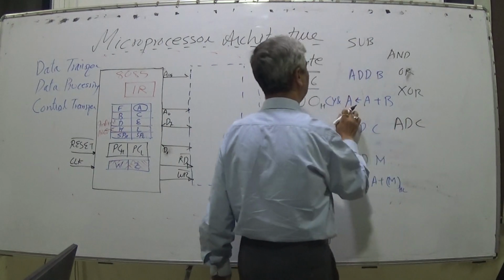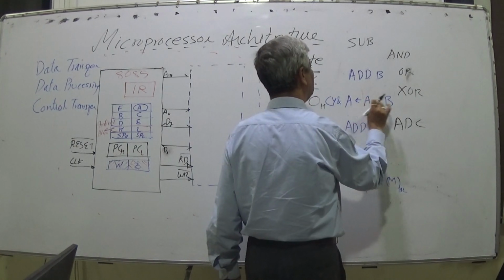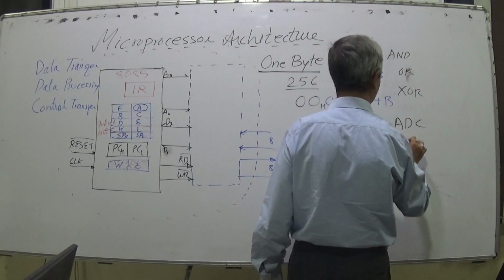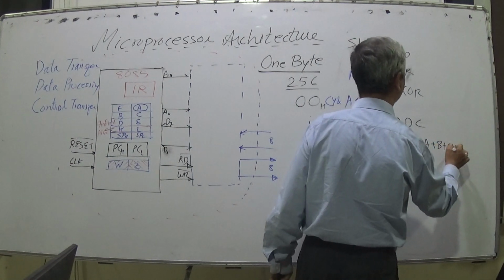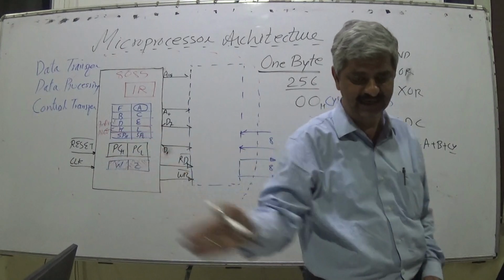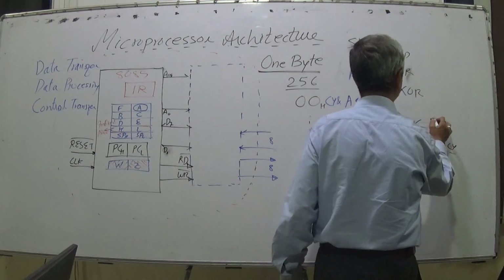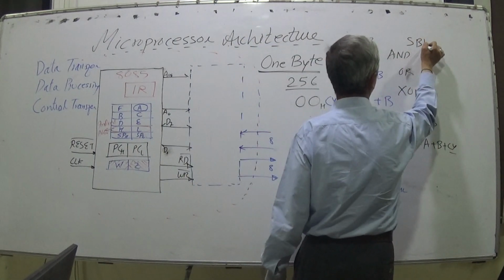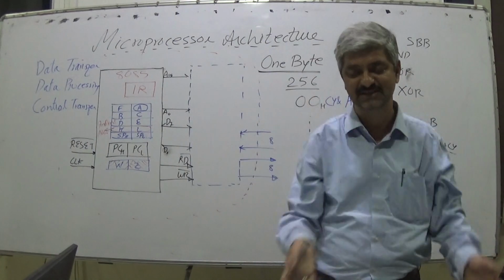In simple add, only A and B are added and the carry flag reflects the addition, whereas in add with carry, A gets assigned A plus B plus the old carry flag. So if you are doing a multiple byte addition, it is A plus B plus old carry, using add with carry B. Similarly in subtraction, with 2's complement arithmetic, it is subtract with borrow, SBB. Like that there are various data processing instructions.